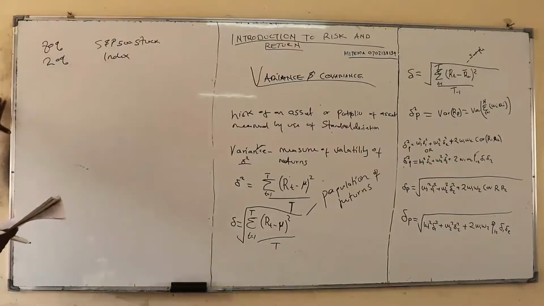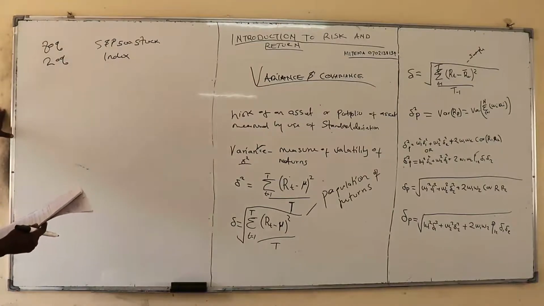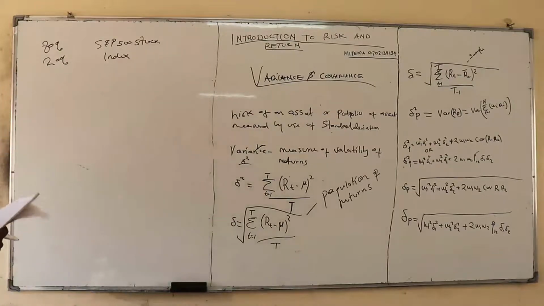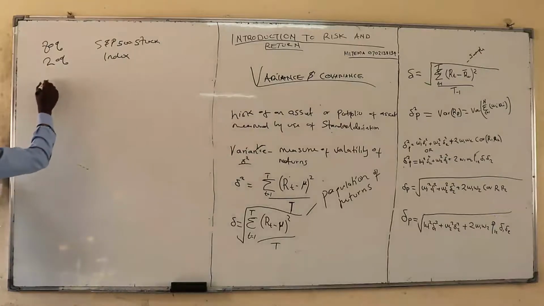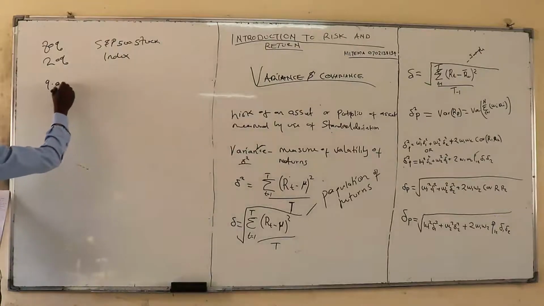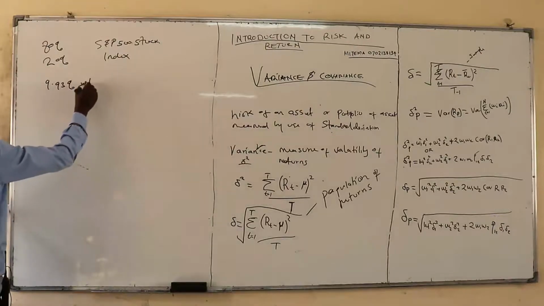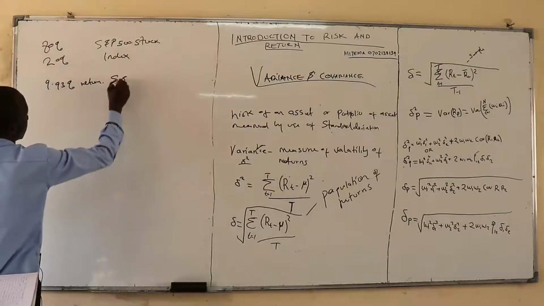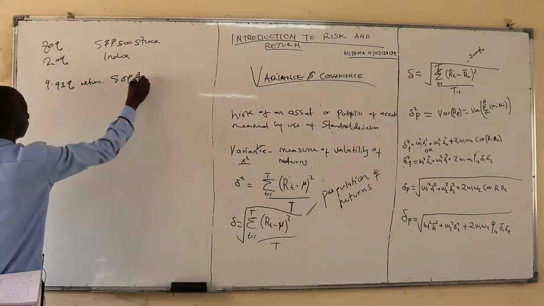The expected return is 9.93% for the S&P stock.